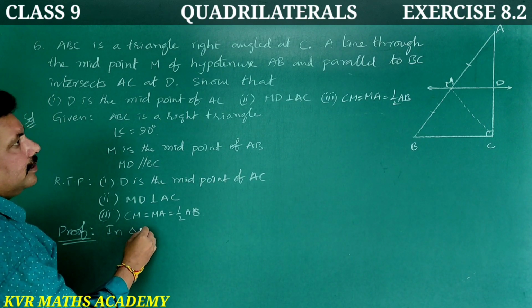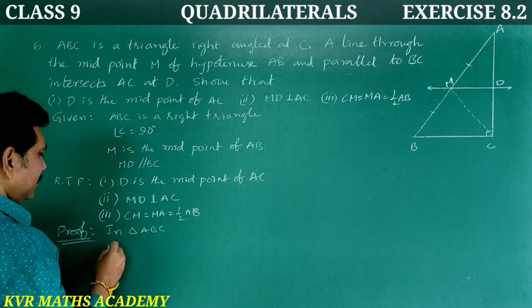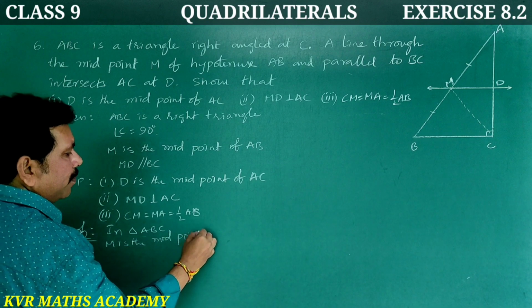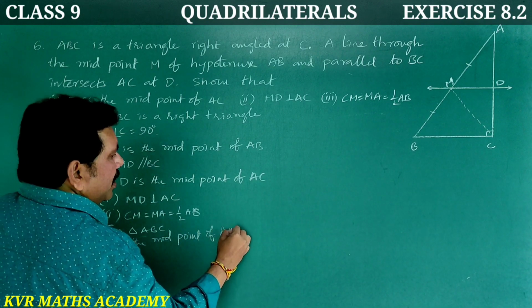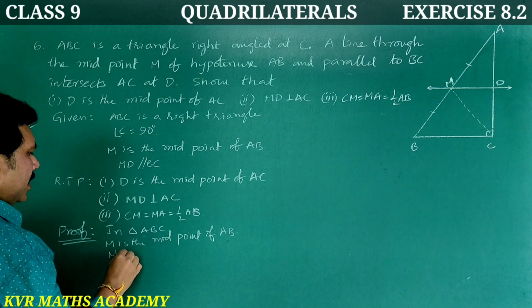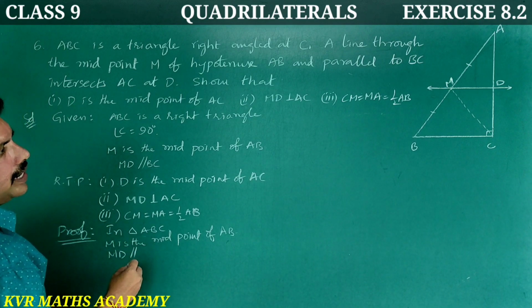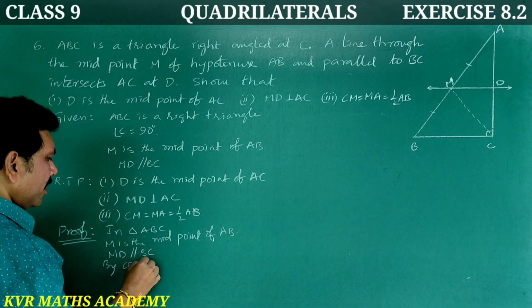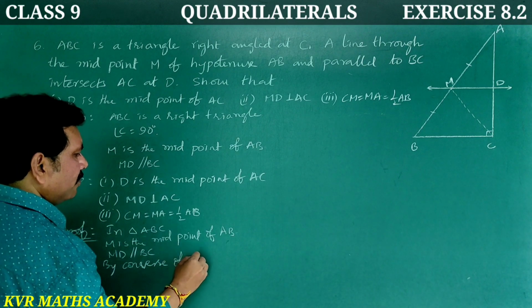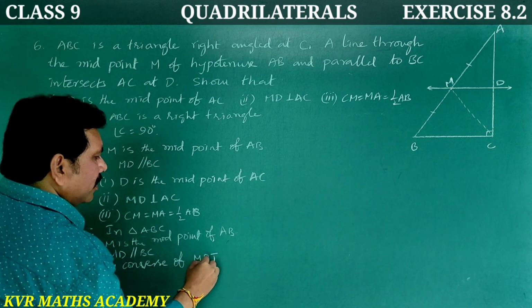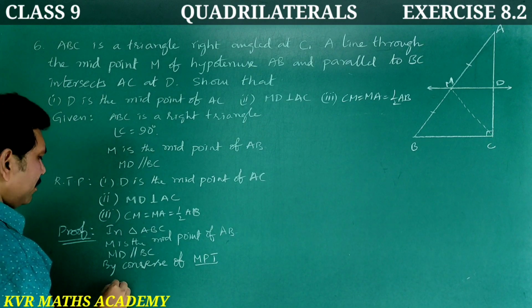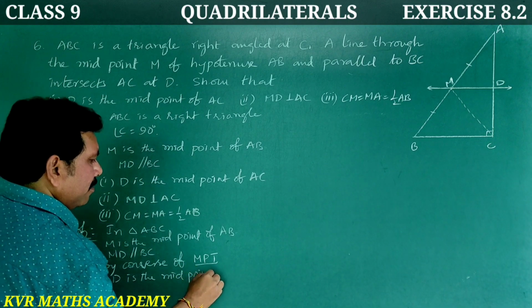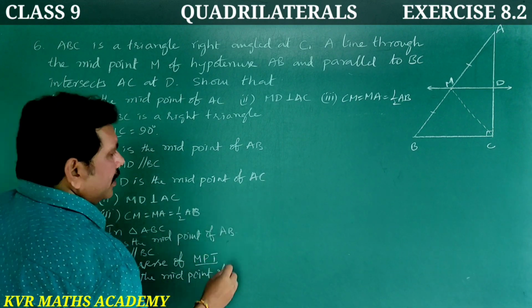In triangle ABC, M is the midpoint of AB, MD is parallel to BC. So by converse of midpoint theorem, D is the midpoint of AC.